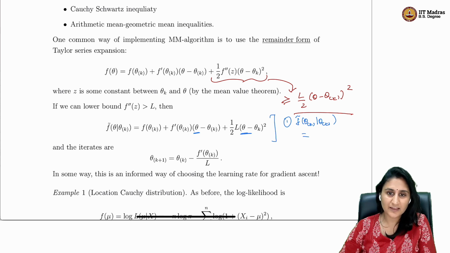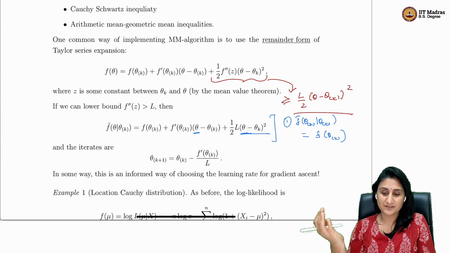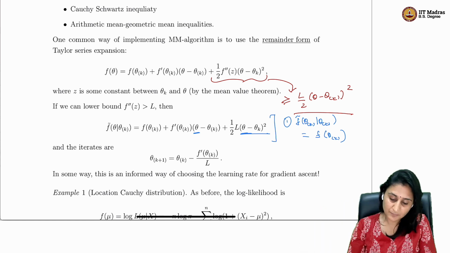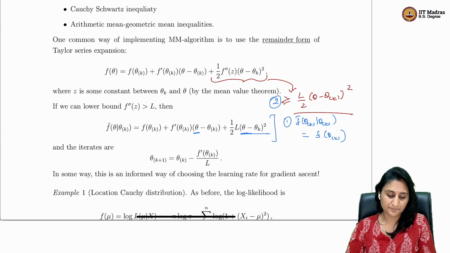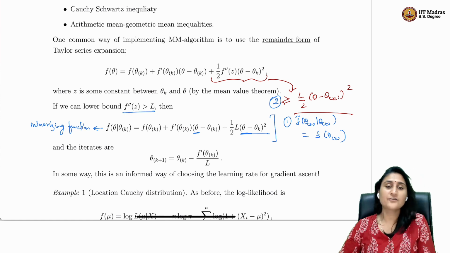Then it shows up here, I get theta k minus theta k again, which is 0. And so I finally get f theta k, which is exactly the first property that I want of a minorizing function. And the second property is already satisfied because of this inequality. So then this is a minorizing function. And this can only work if f double prime z is greater than L.